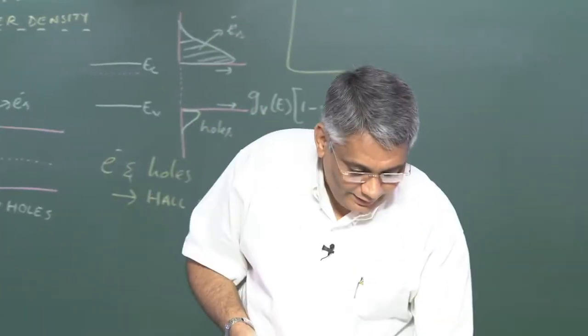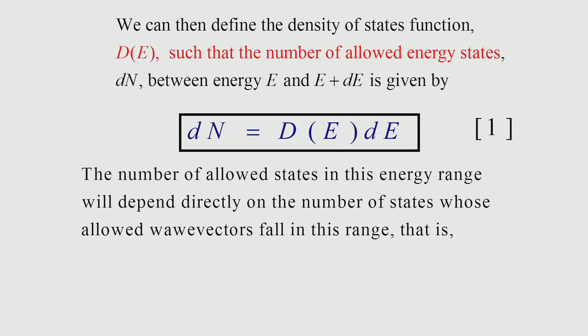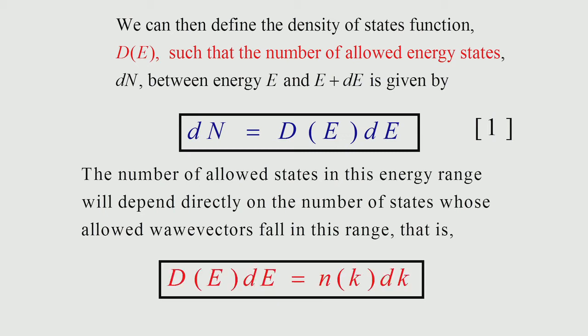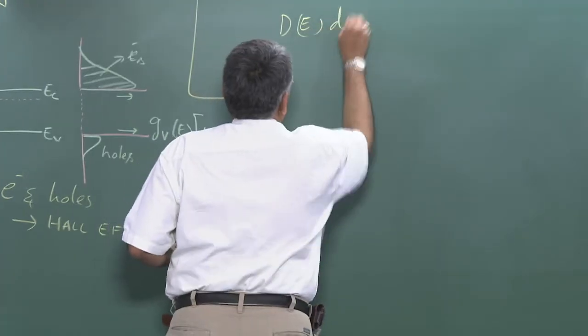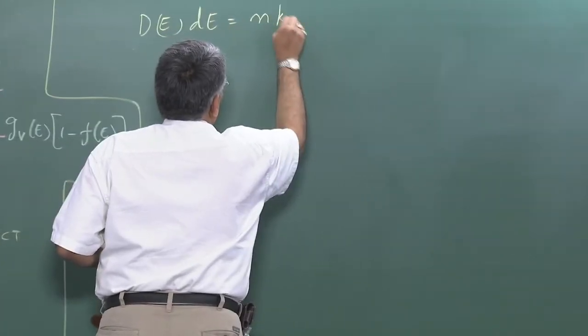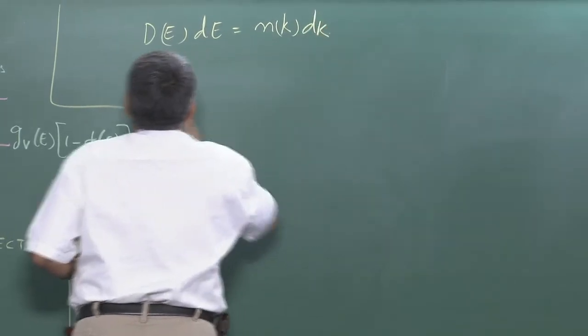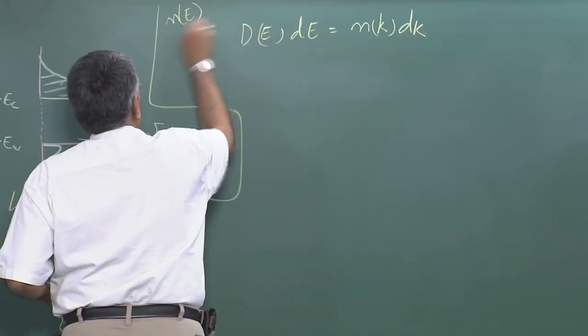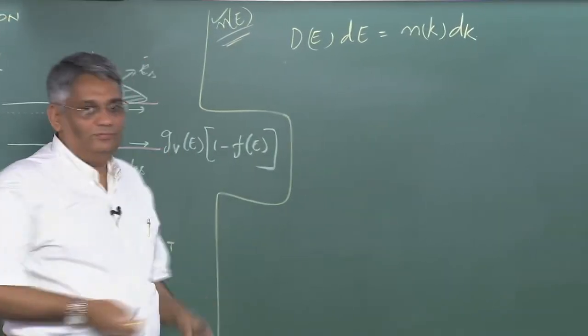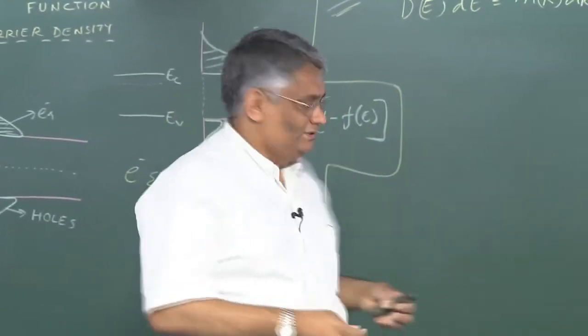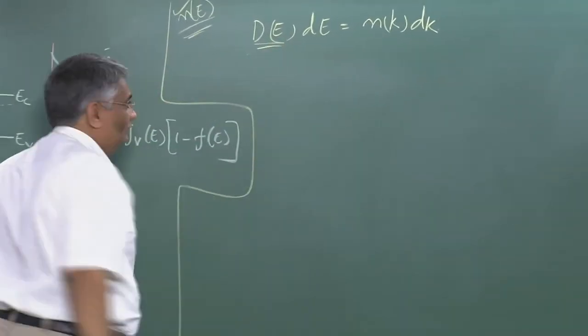The number of allowed states in this energy range will depend directly on the number of states whose allowed wave vectors also fall in that range, which means dN is n(k) dk. You will also see this represented as n(E) in some books, but since I started giving this notation, we will continue with that.